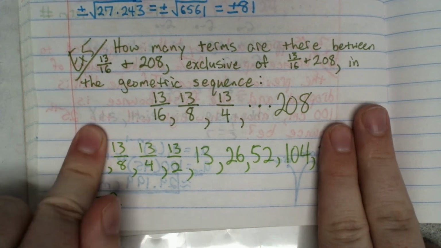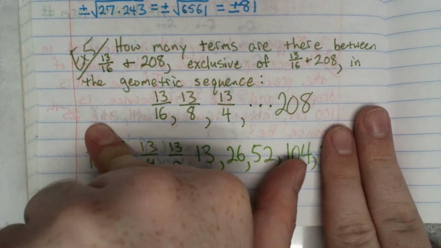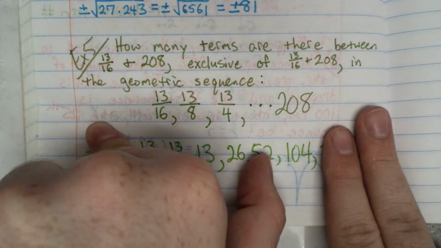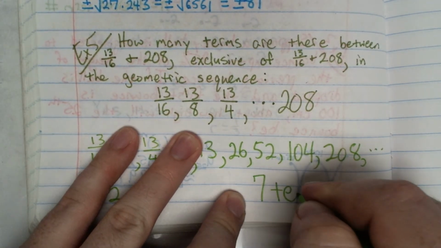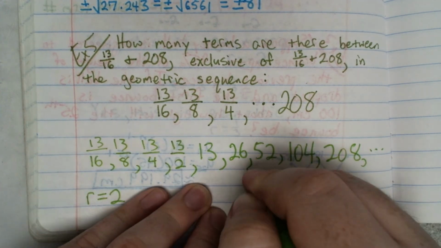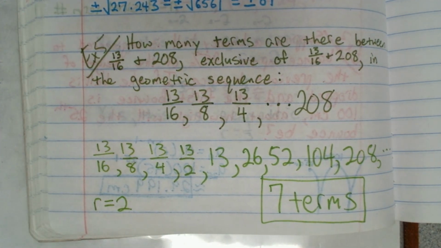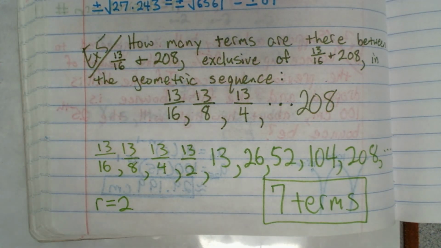So how many terms are here? 1, 2, 3, 4, 5, 6, 7. Count that one more time. 1, 2, 3, 4, 5, 6, 7. Perfect. So there are 7 terms in between the two listed terms here. We just had to work it all the way out and list all of the terms from 13 over 16 to 208 and count them up.